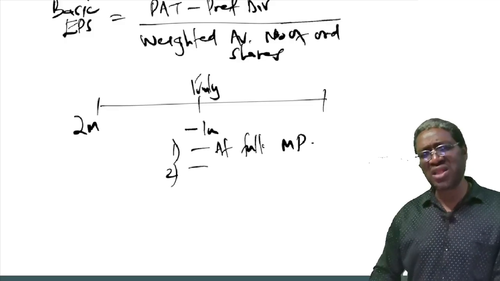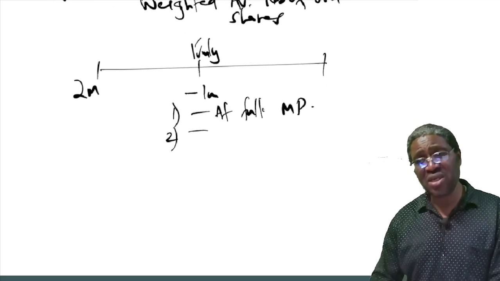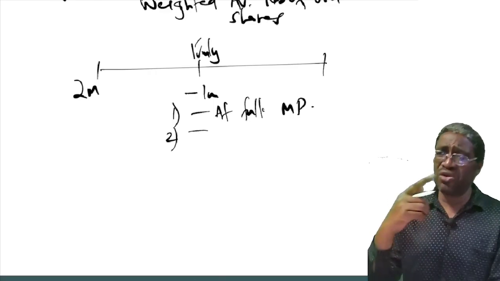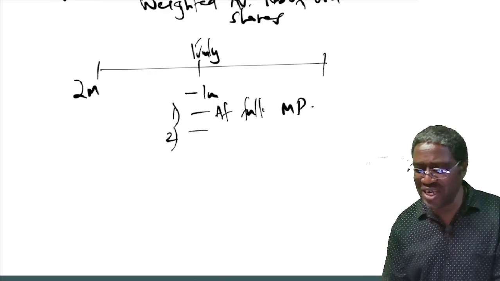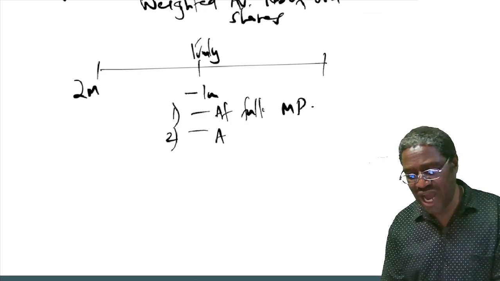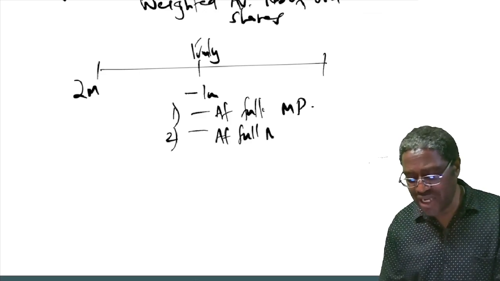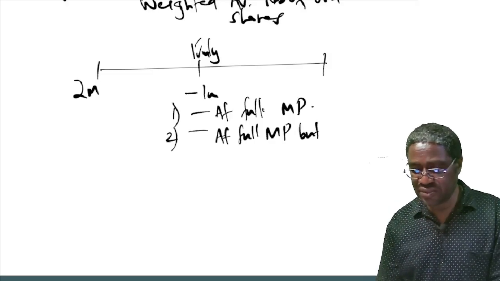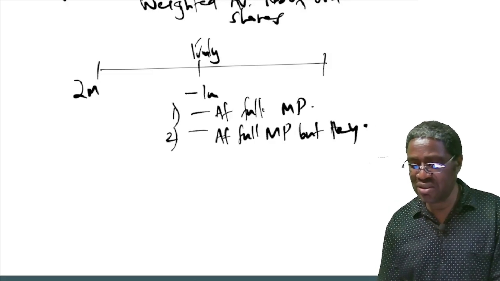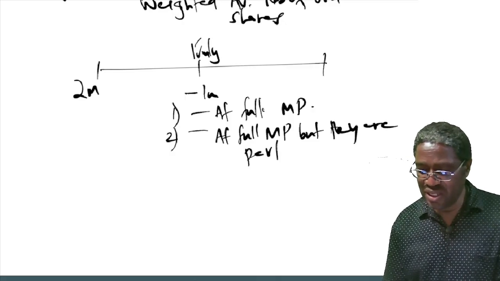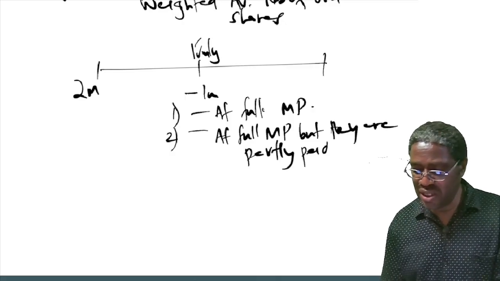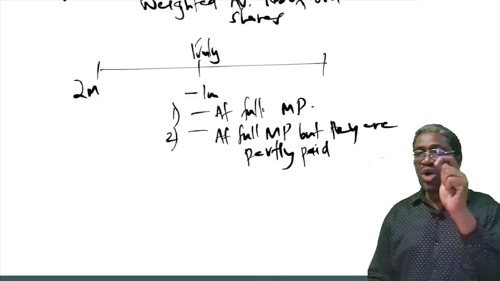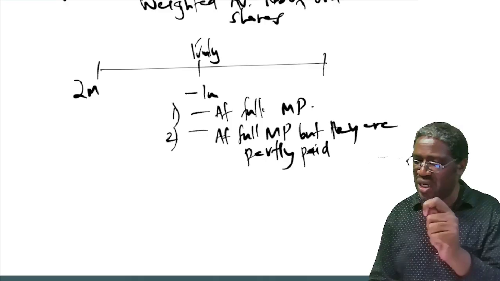Number two, another thing that can affect the number of shares is when, for example, on 1st of July, your company issued another 1 million shares at full market price, but they are partly paid at the end of the year. How do you use them to compute the weighted average number of shares?